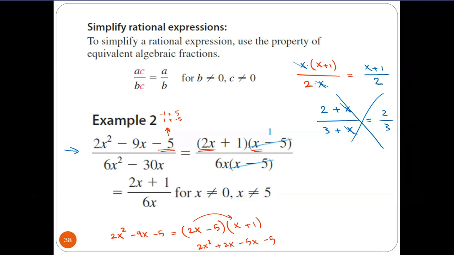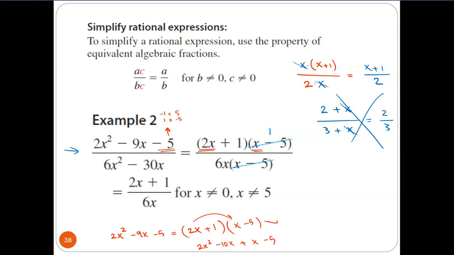So we have 2x squared minus 3x, not minus 9. So remove this one and try another one. For example, we have plus 1 negative 5. Look at this. We have 2x squared, negative 10x and positive 1x, minus 5. So we have here 2x squared minus 9x minus 5.